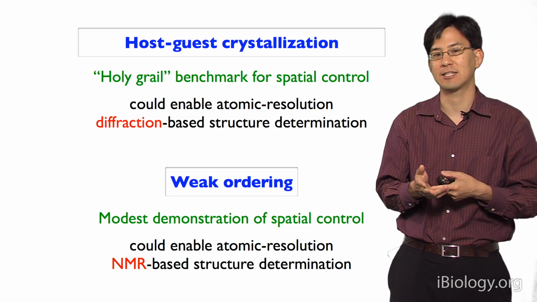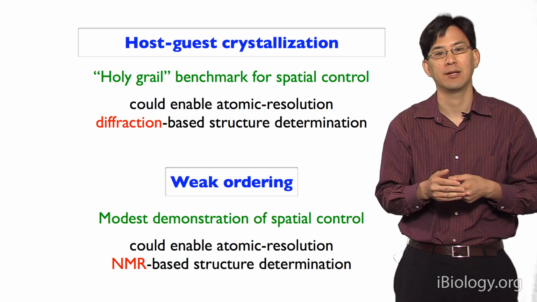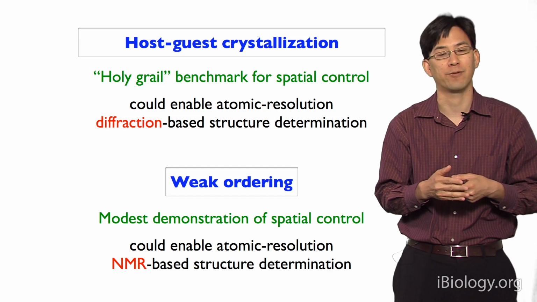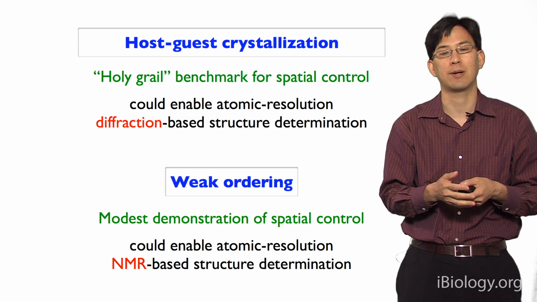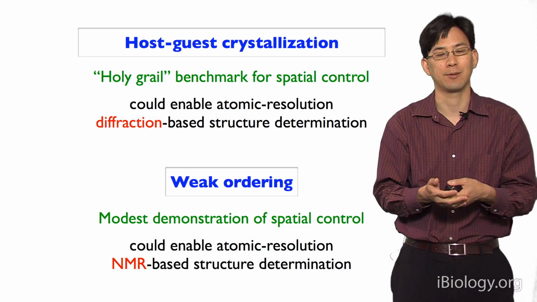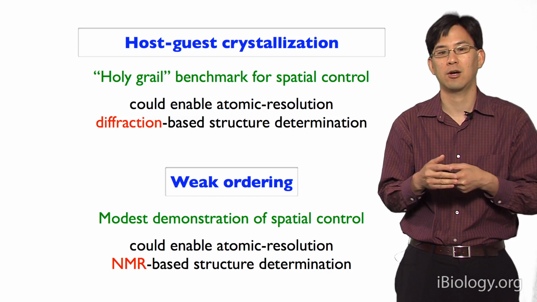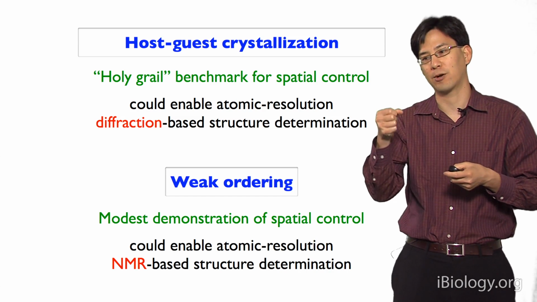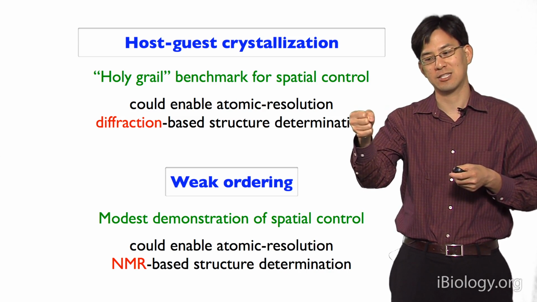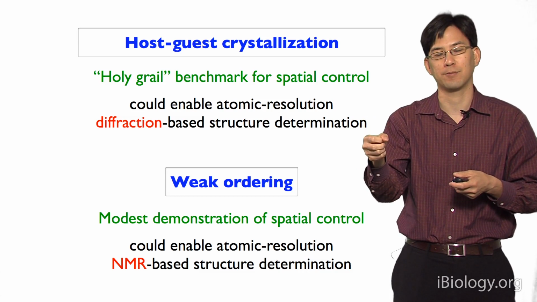And this is a method that's known as weak ordering. It's something I'll explain in a little bit, something that's been known about for a number of decades now, but hasn't really been well applicable to membrane proteins until recently, we believe because of our tool. So host guest crystallization, you can think of that as a very strong sort of ordering, that we want to force the protein into very stereotyped translational position, very stereotyped rotational orientation.